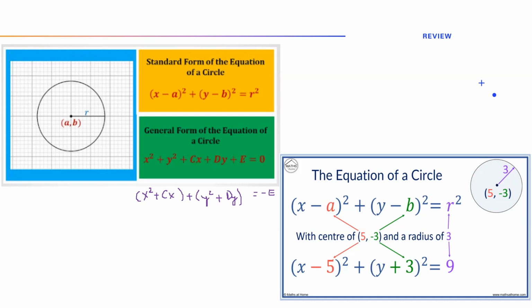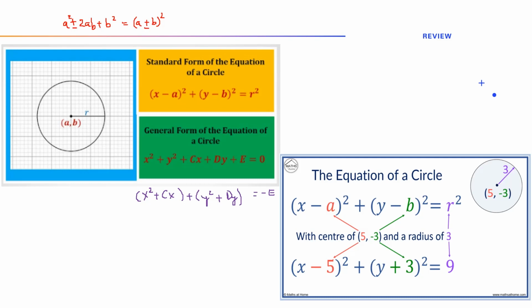And remember the method of completing the square we use, or remember that we have a squared plus 2ab plus b squared equals a plus b all squared. It's similar with the negative.